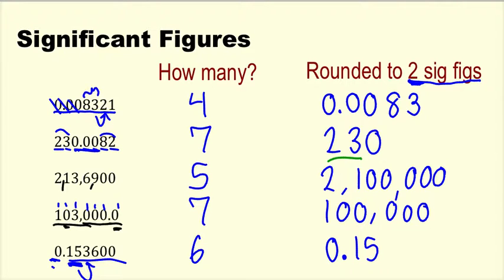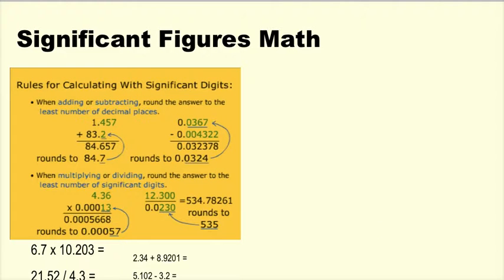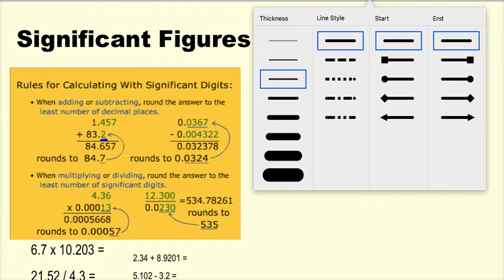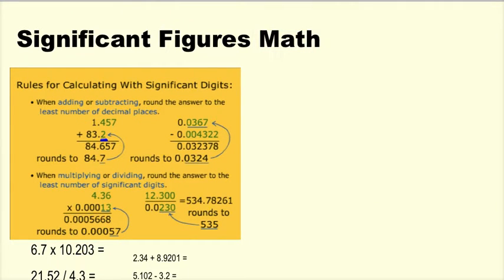Okay. So now that we know how to recognize significant figures and how to round to a certain number of sig figs, let me show you the rules for how this plays out in doing the math. The rules for calculating with significant digits are stated right here. When you're adding or subtracting, you always round to the least decimal places. That's because if you look at this example, this 83.2, that 2 was estimated.